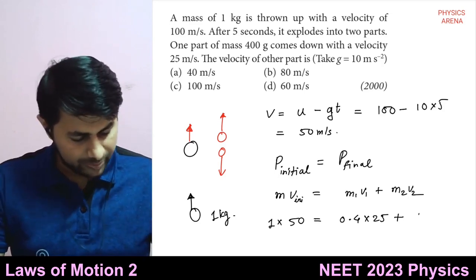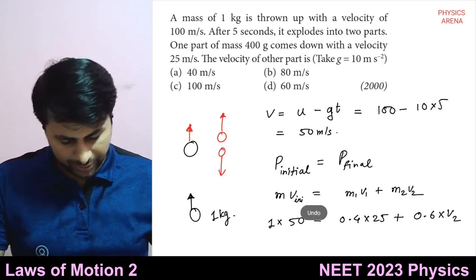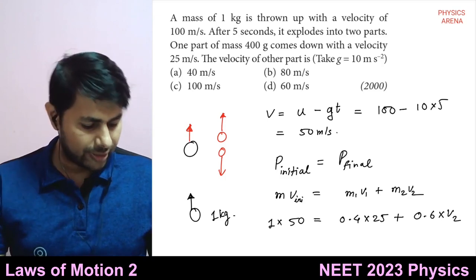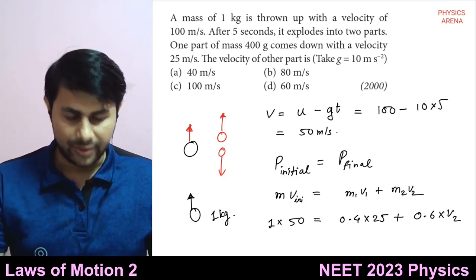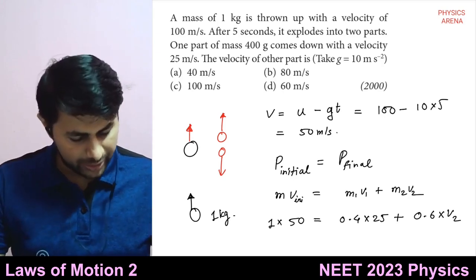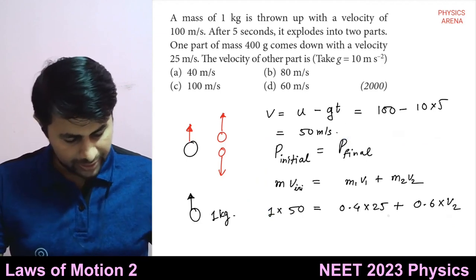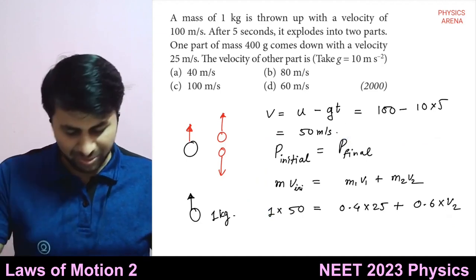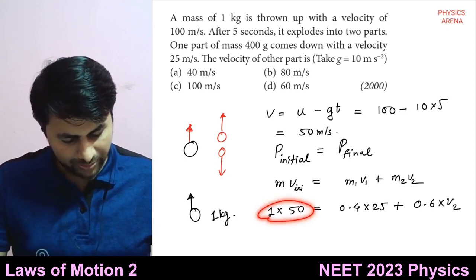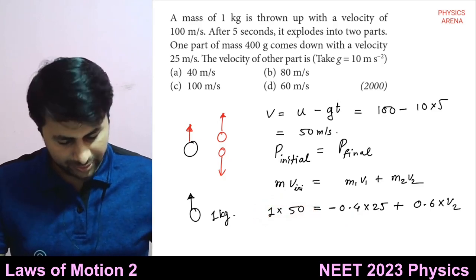So 0.6 multiplied by v2, which we have to find out. 25 times 0.4 will be 10. Let's not forget, this one is moving up and this one moves down, so it will have a negative sign here.